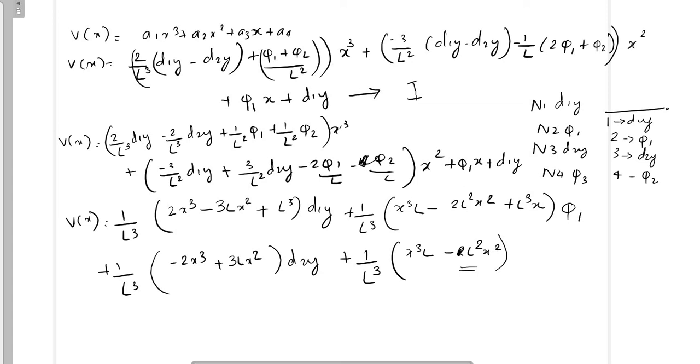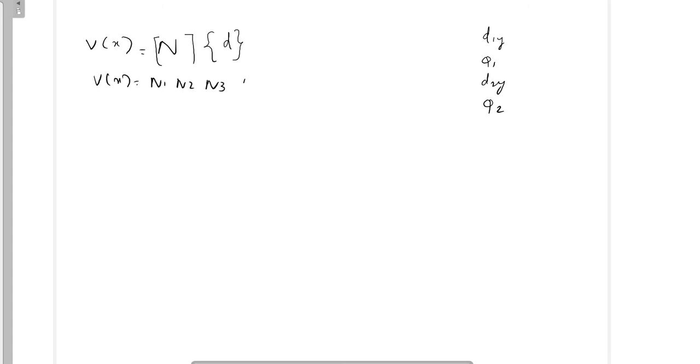So on the next page I am going to write in the form of shape function. The shape function is the interpolation function between the local displacement and the global displacement. The global displacement here we can represent with d, because it combines d1y, pi 1, d2y and pi 2. So I am writing v of x is equal to n1, n2, n3, n4.